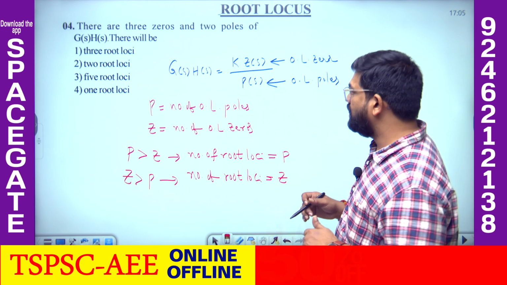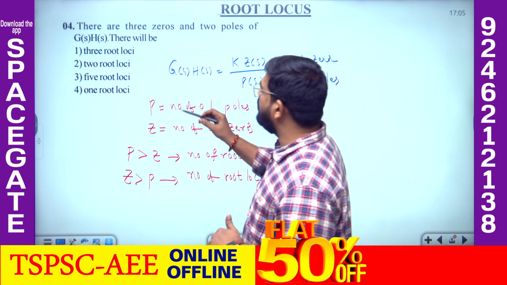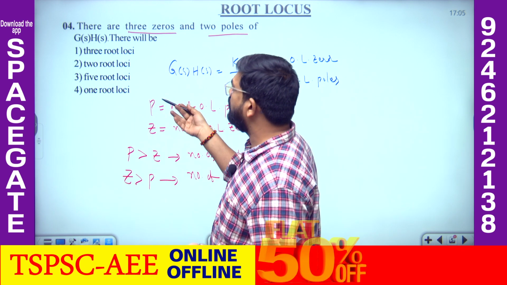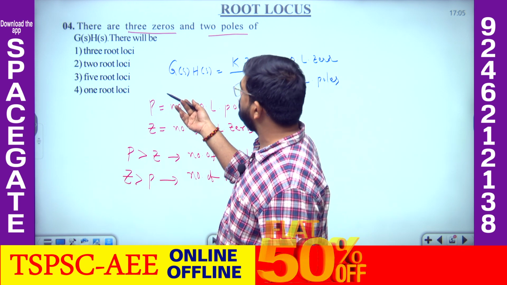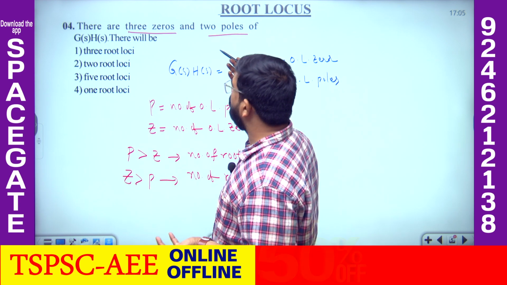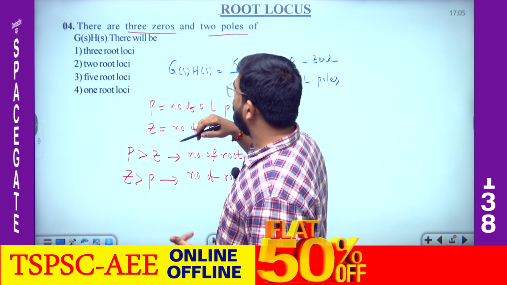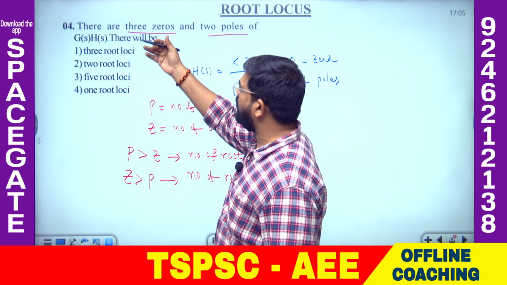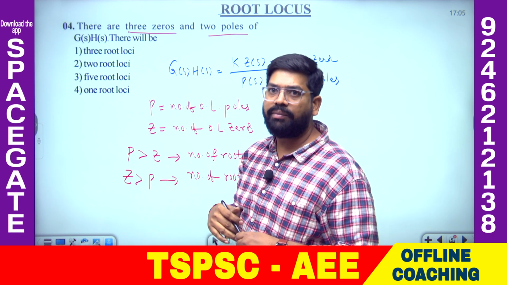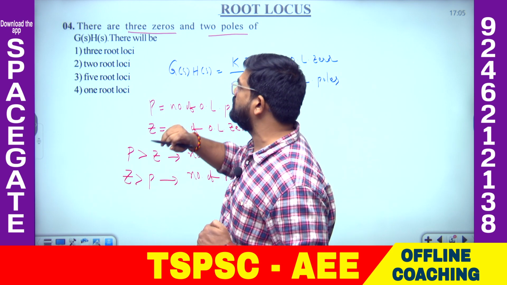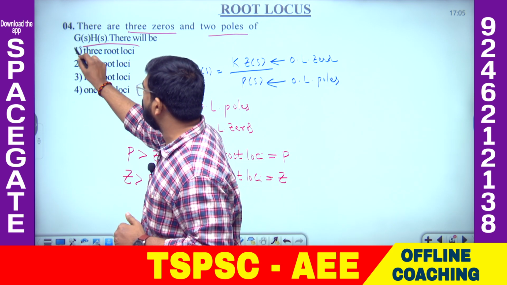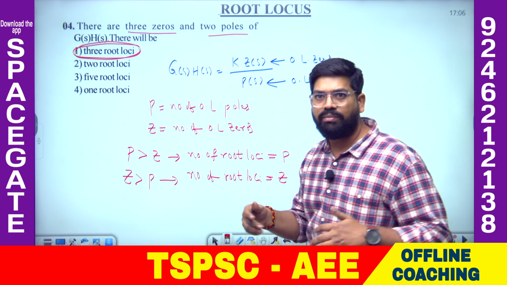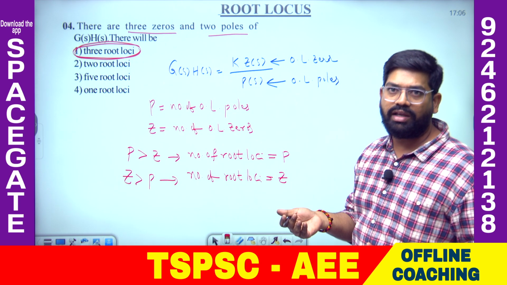So, here the question is, there are 3 zeros and 2 poles. So, what are the root locus branches? It's 3 root locus branches that will be there, right. 2 poles terminate at 2 zeros, and 1 branch arrives from infinity and terminates at the third zero. So, the number of root locus branches or root loci will always be whichever is greater, or if both are equal, that one we need to take.